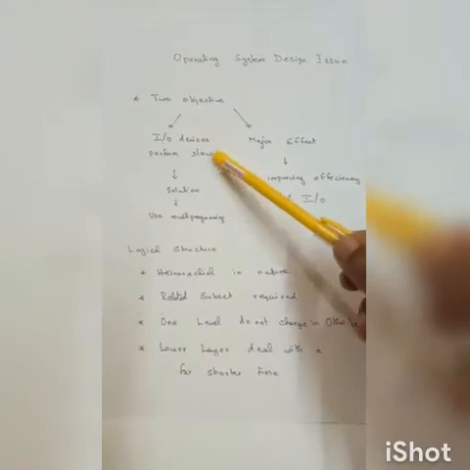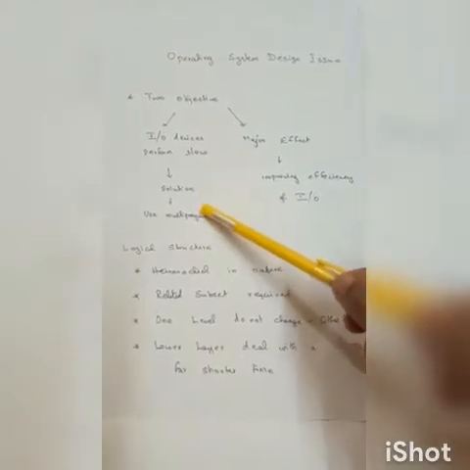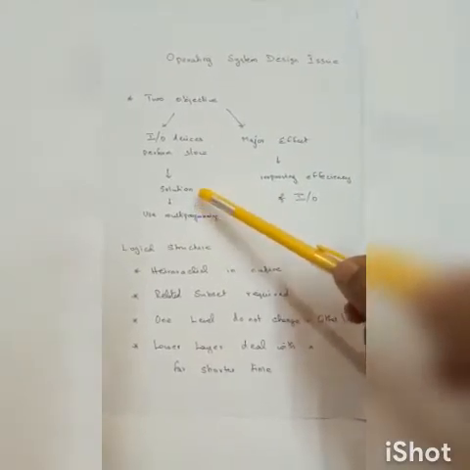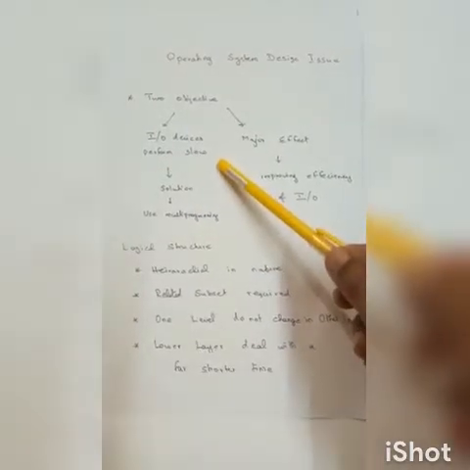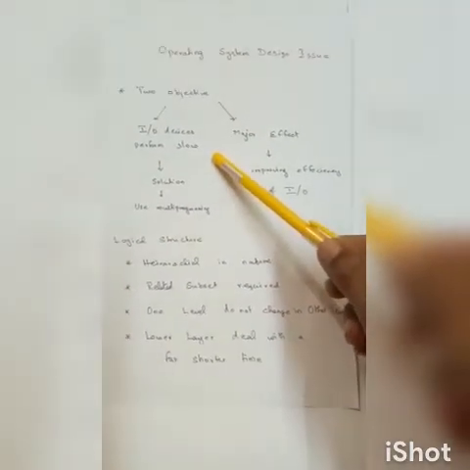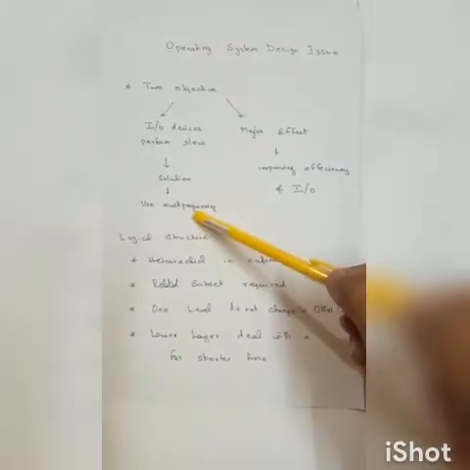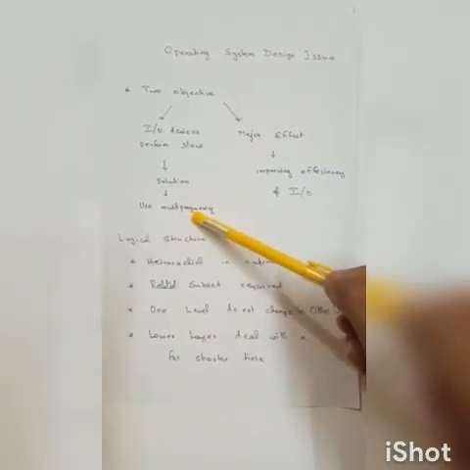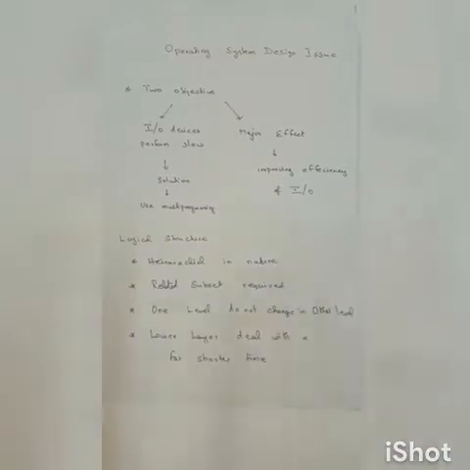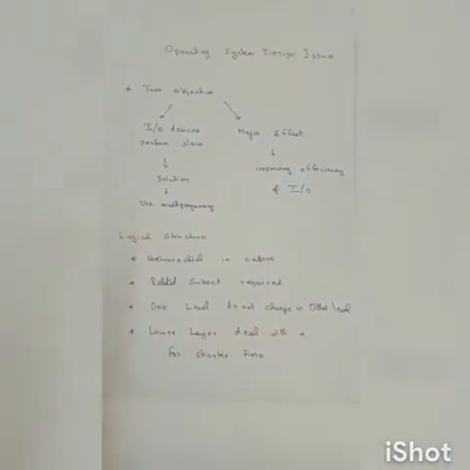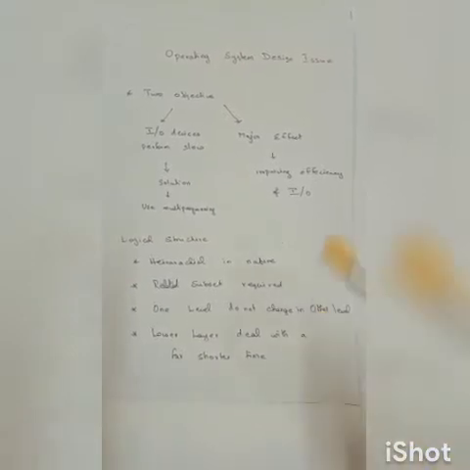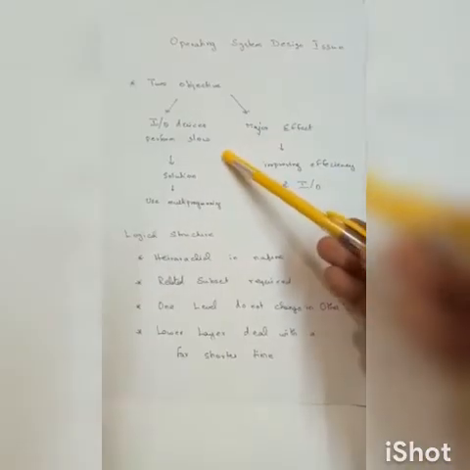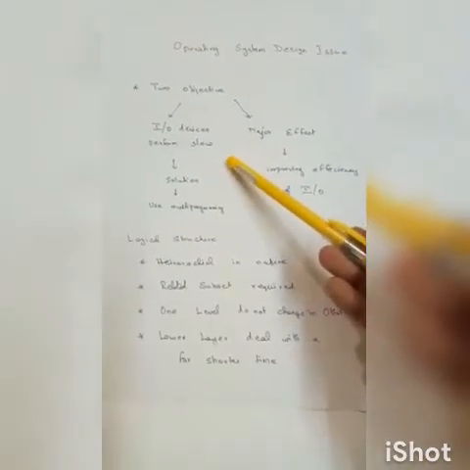At that time the operating system has an issue where my device is working slowly, and its own solution is to use multi-programming. When multiple programs are run at a single time, the processor idle state becomes zero, so that the devices will start functioning faster. This is the main one.